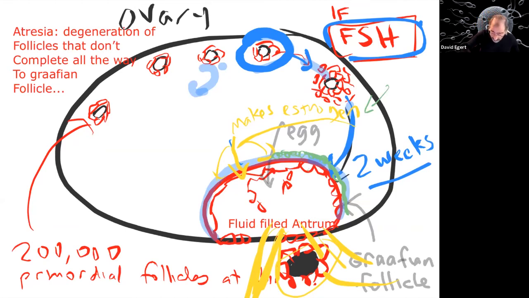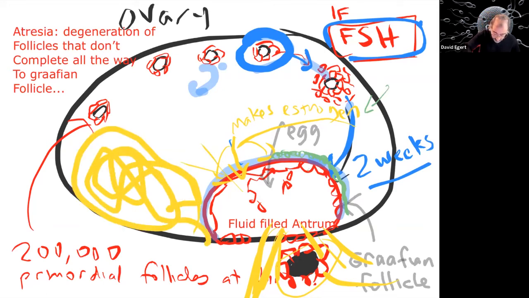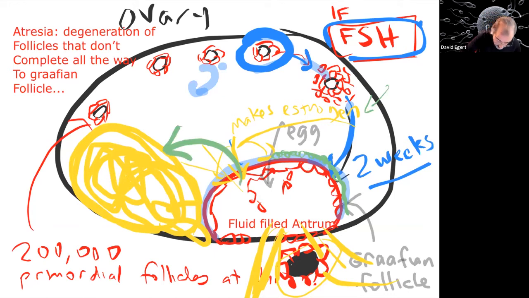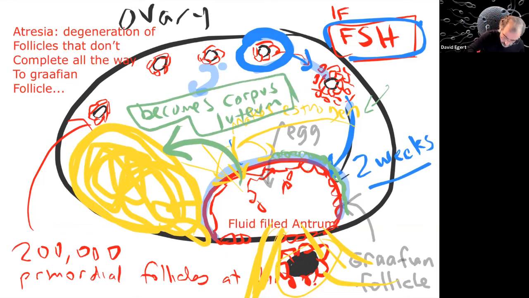But what happens now is the remaining cells reconfigure and become the corpus luteum, which is going to be important for our story as well. So this becomes corpus luteum, and this produces progesterone.